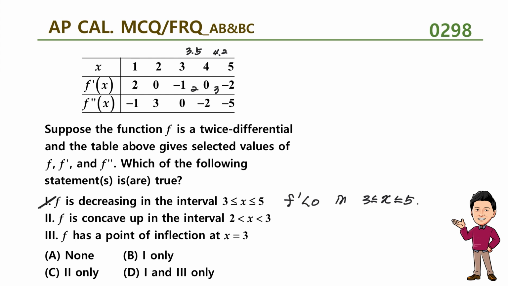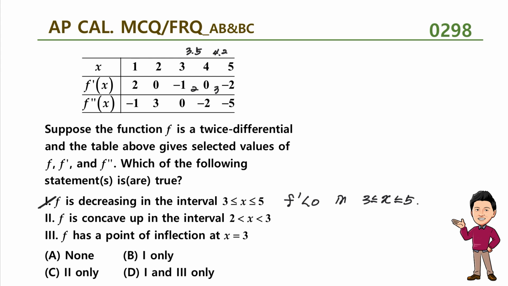Okay, second part, f is concave up in this interval right here. This one too: from 2 to 3, when x is 2, f double prime is positive, and when x is 3, it is 0. But between 2 and 3, we don't know what the values of f double prime are.